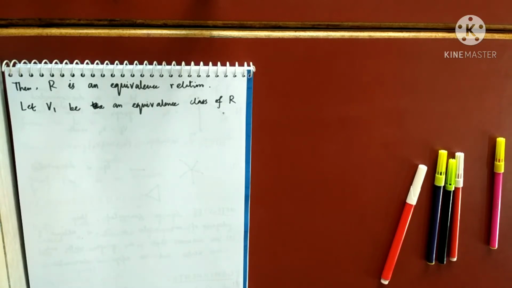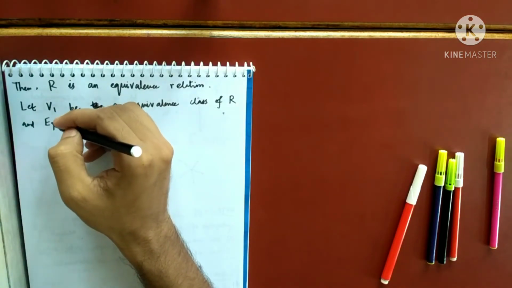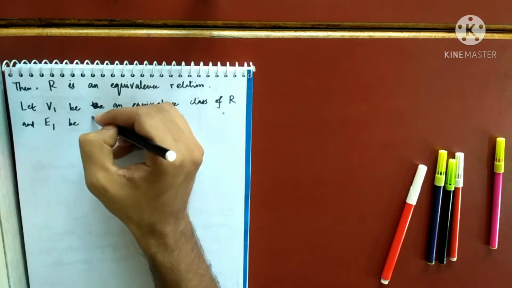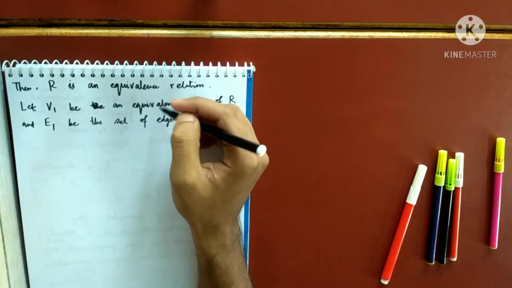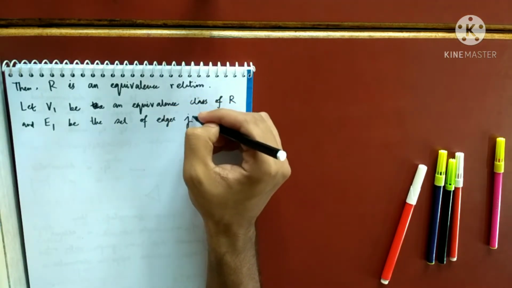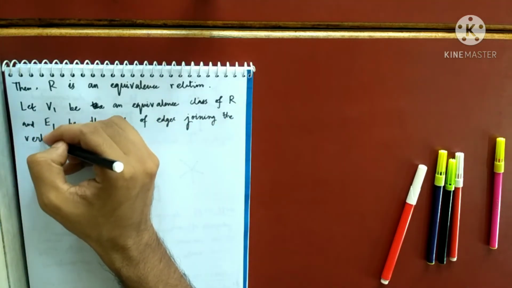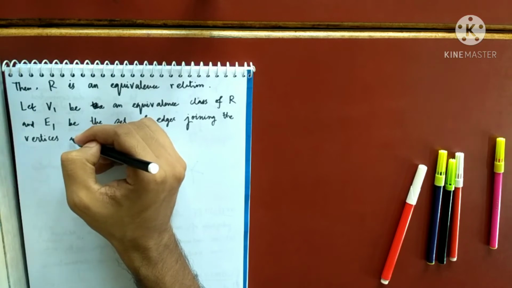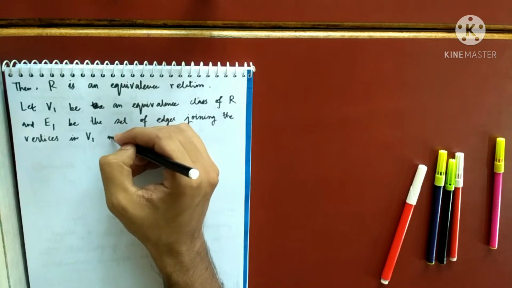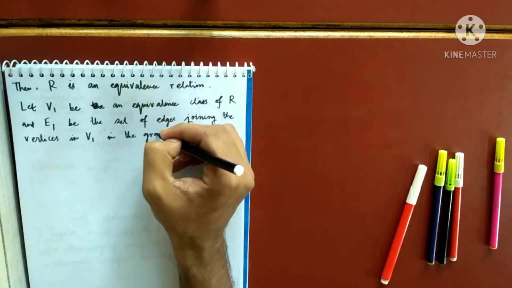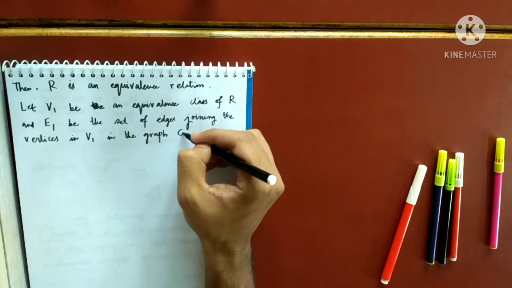And what I did, I took the edges, no? And E1 be the set of edges joining the vertices in V1 in the graph G. So I will join those edges which are actually present in the graph but connecting the vertices in V1.